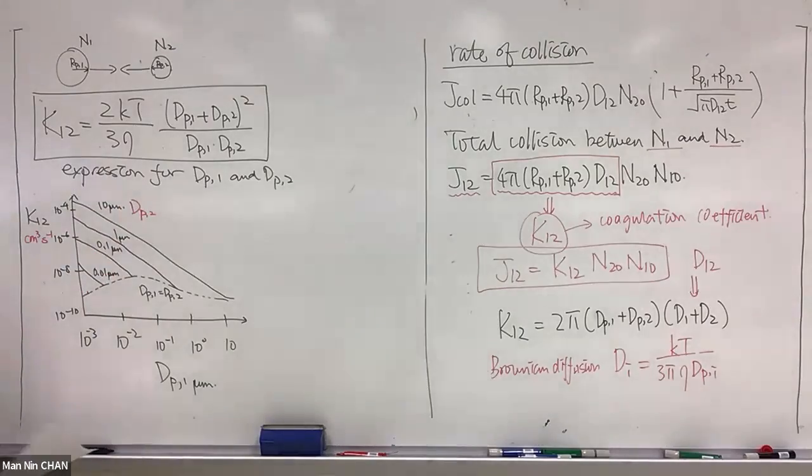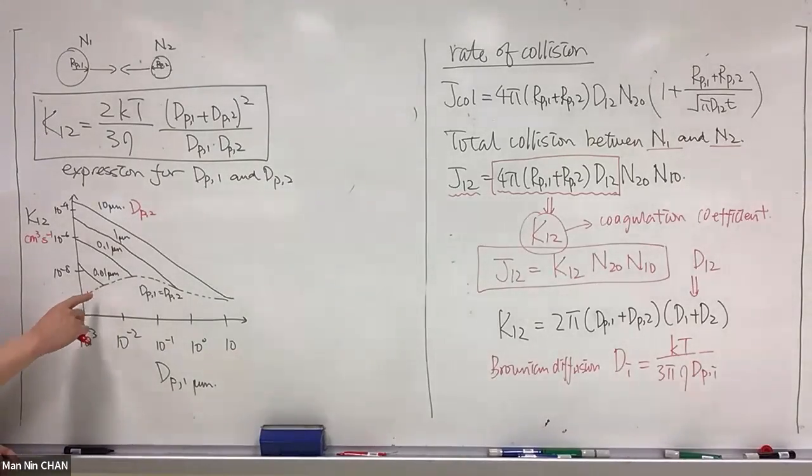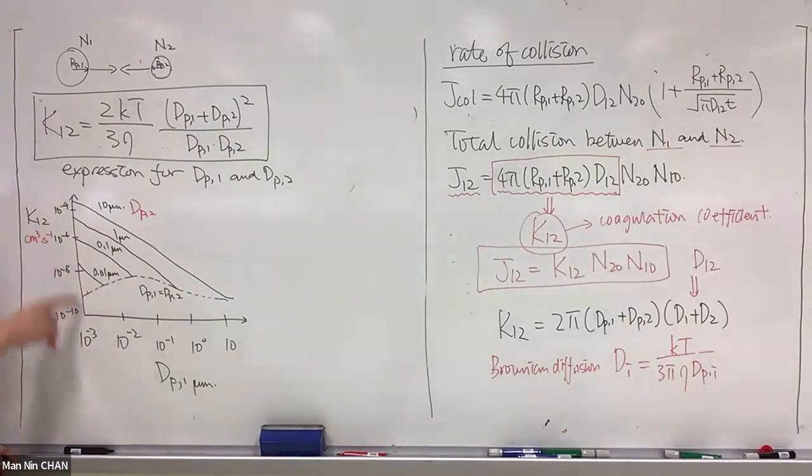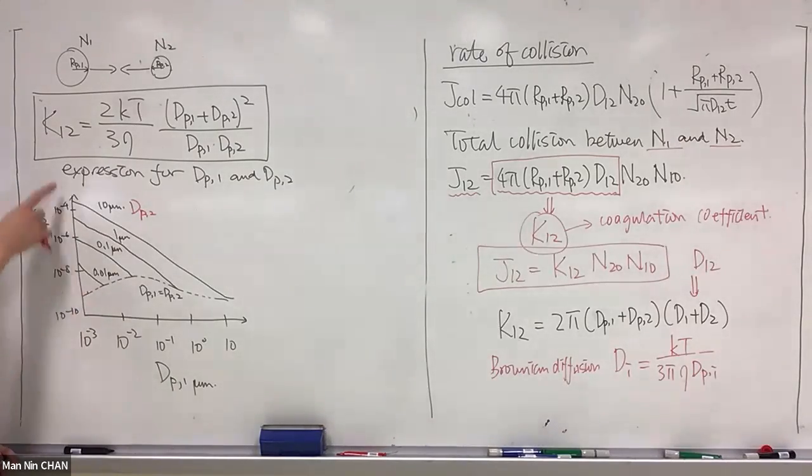Okay, right? So now, I think there's some important message. We want to look at from here. One thing you can observe is, let's say you look at just the size here.